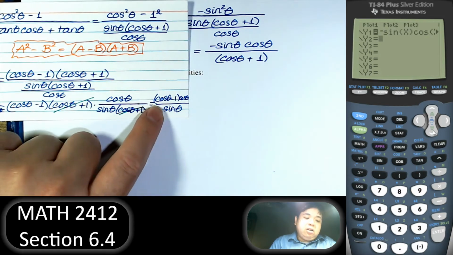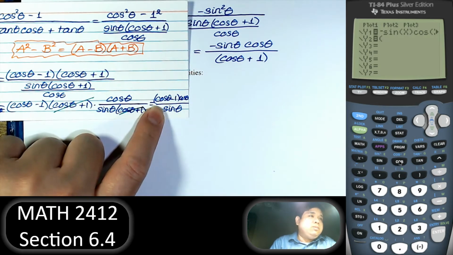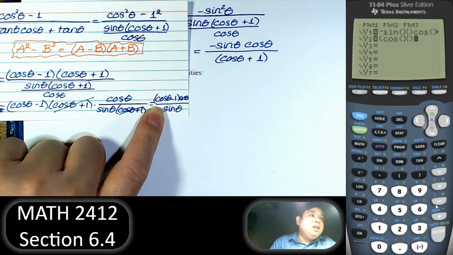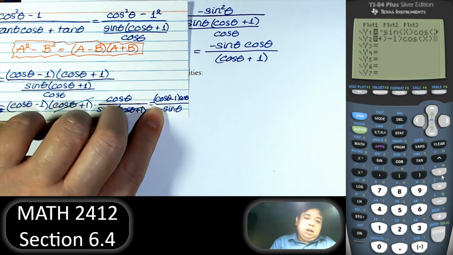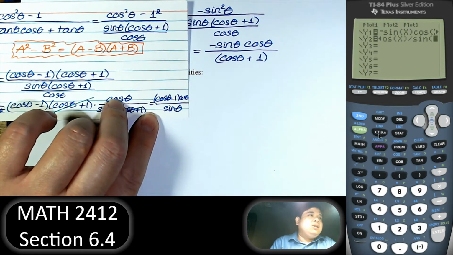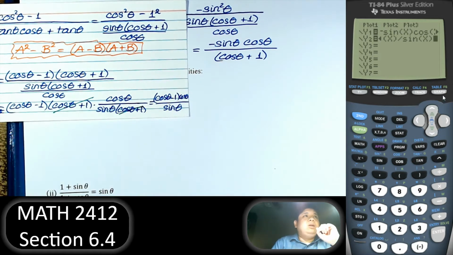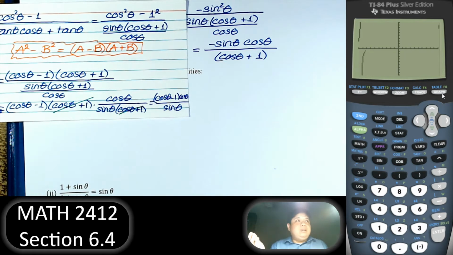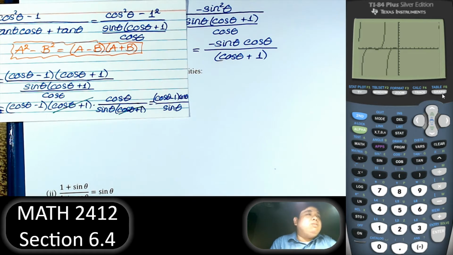And then the second function is cosine x minus 1 times cosine x, divided by sine of x. And you hit graph, of course. Hit graph, and then, how do we confirm that?